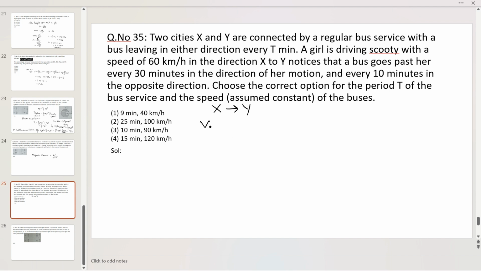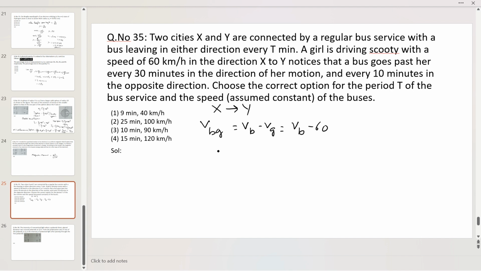So the relative velocity of the bus with respect to the girl is Vb minus Vg, that is Vb minus 60. The girl is moving on the scooty.